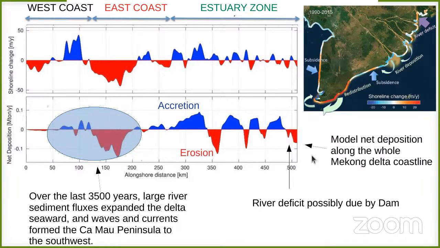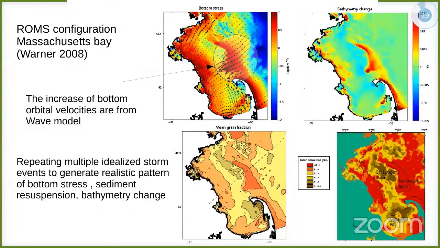Another thing also explained in the paper is in this part. Here is the big city of Saigon. We should see more deposition there, but no, possibly due to Vietnamese dams, by the way. So it's a kind of diagnostic you can have.